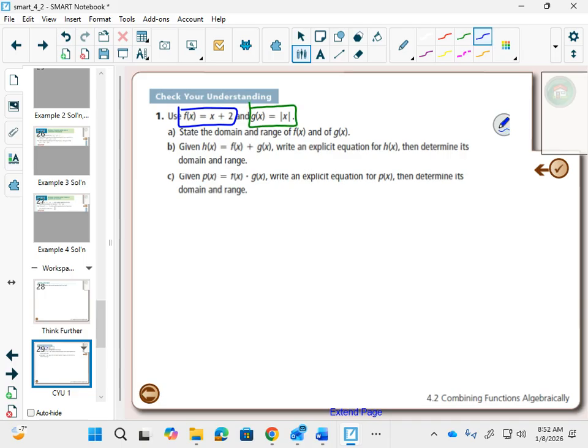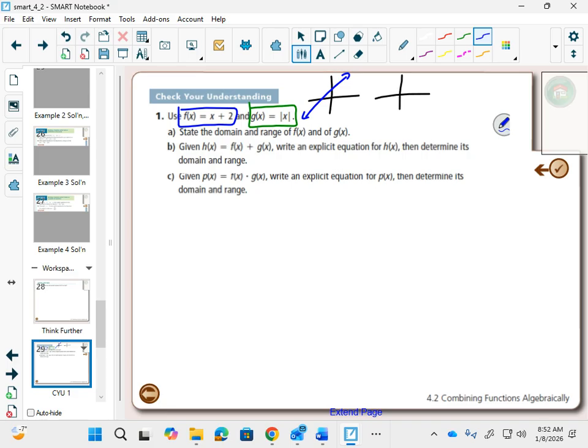That one in blue, that one in green. And just off to the side, I'm going to say to myself, do I know what these graphs look like? Yes. X plus 2, approximately like that. A straight line, y-intercept of 2, slope of 1.